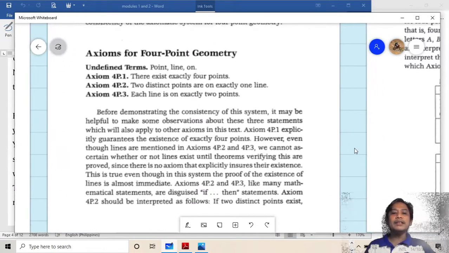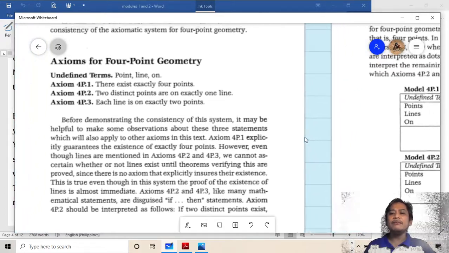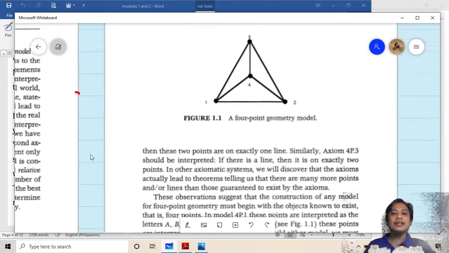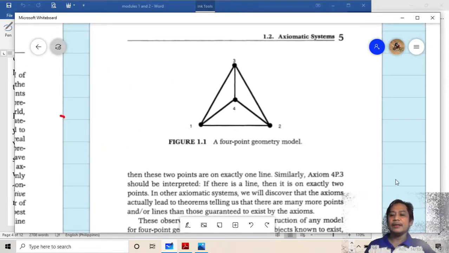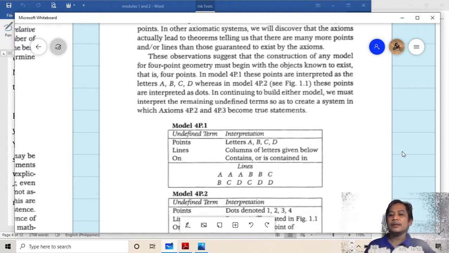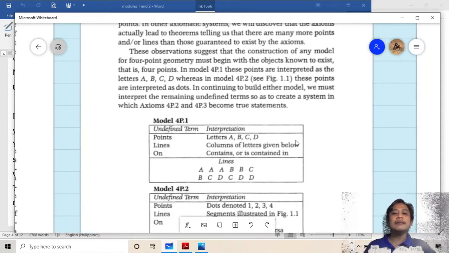Okay, so to prove its consistency, we would have to make a model wherein all axioms are true. Now, a model can be of any form for as long as it's clear. So, for example, here is an example of a model for the 4-point geometry.